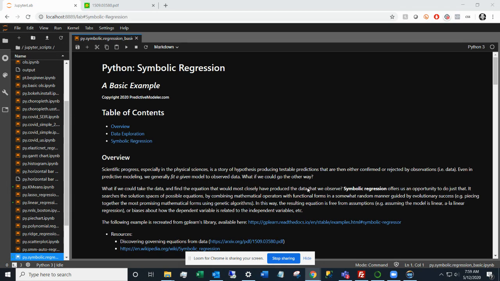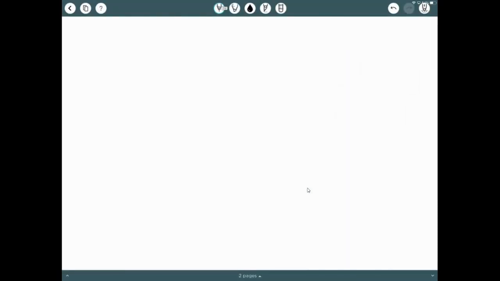So let me try to explain it through an example from, say, physics, my favorite subject in college. Let's say we observe some data, and we graph it. We have force, and we're running some experiments.